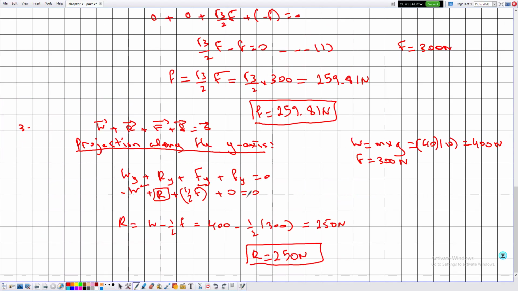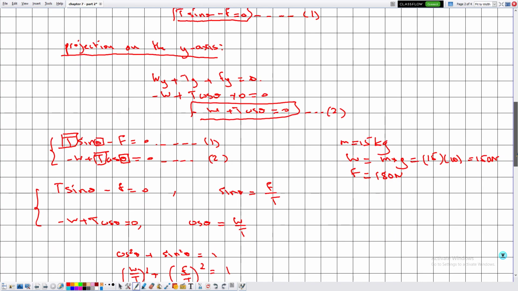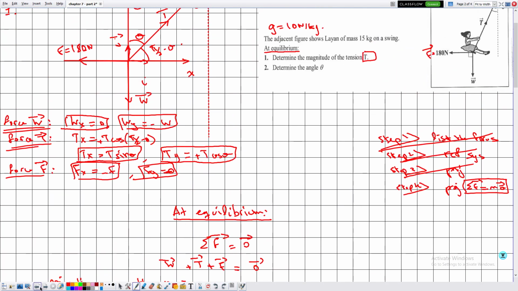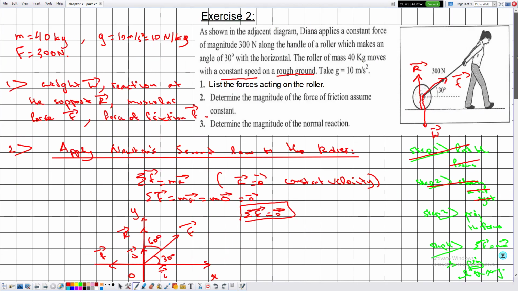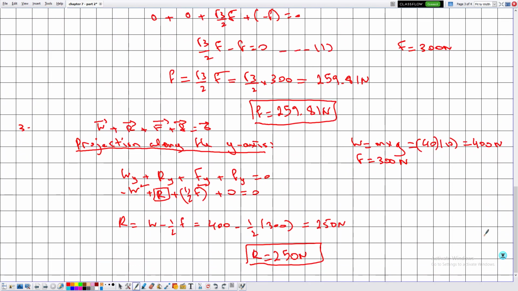So here both equations are linear equations in one unknown, whereas the other equations are linear equations in two unknowns. Usually linear equations in one unknown are solved by putting the variable on one side and all the other numbers on the other side, whereas linear equations in two unknowns we need to solve simultaneously.